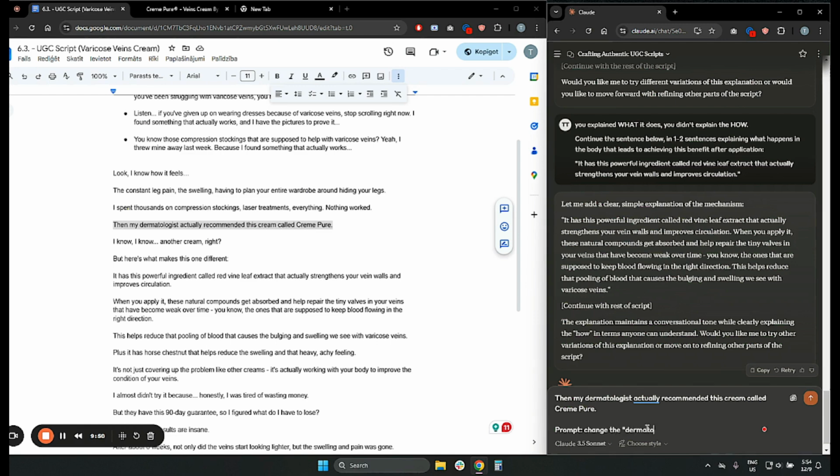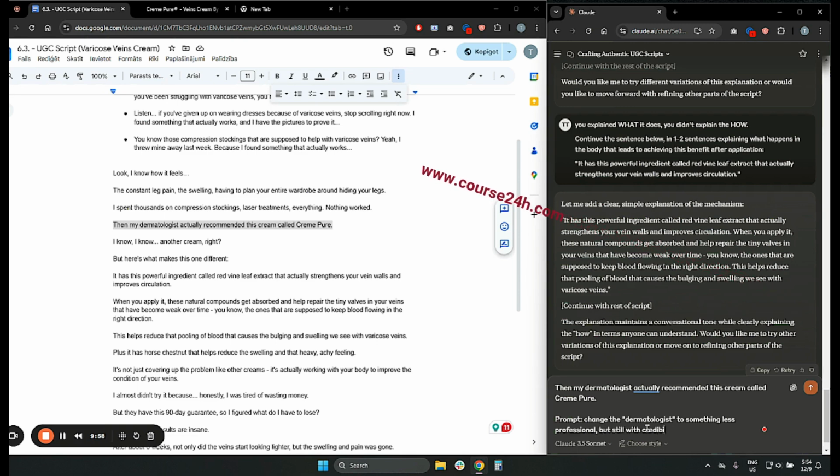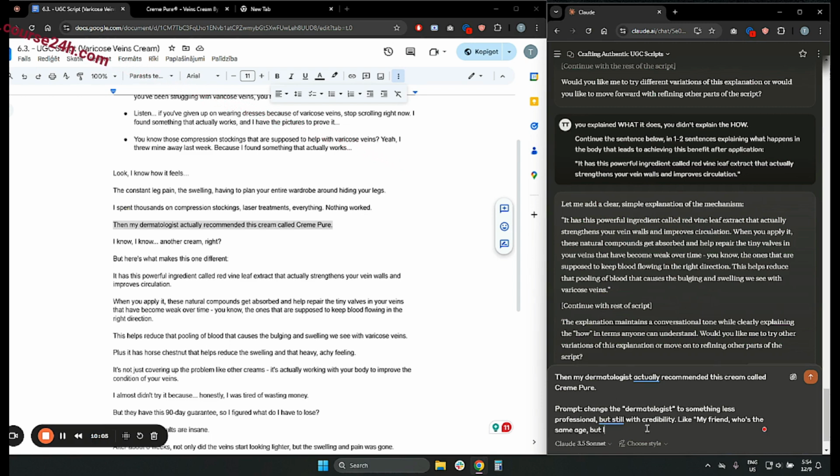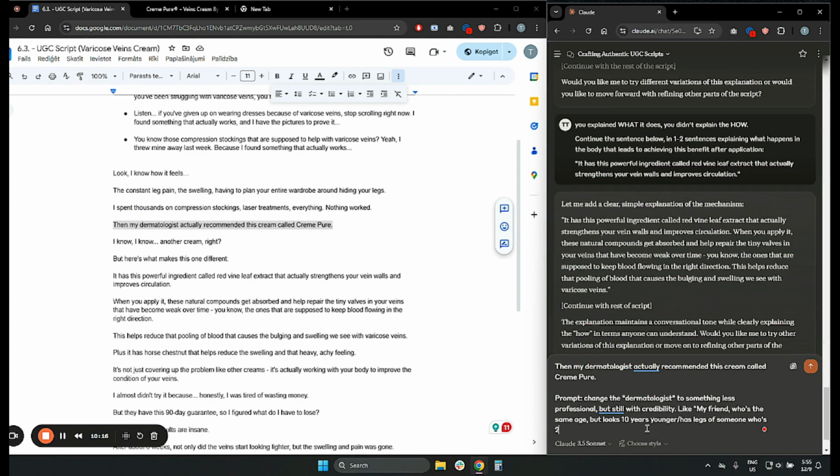Change the dermatologist to something less professional, but still with credibility, like my friend who is the same age but looks 10 years younger, or has legs of someone who's 25 years younger.